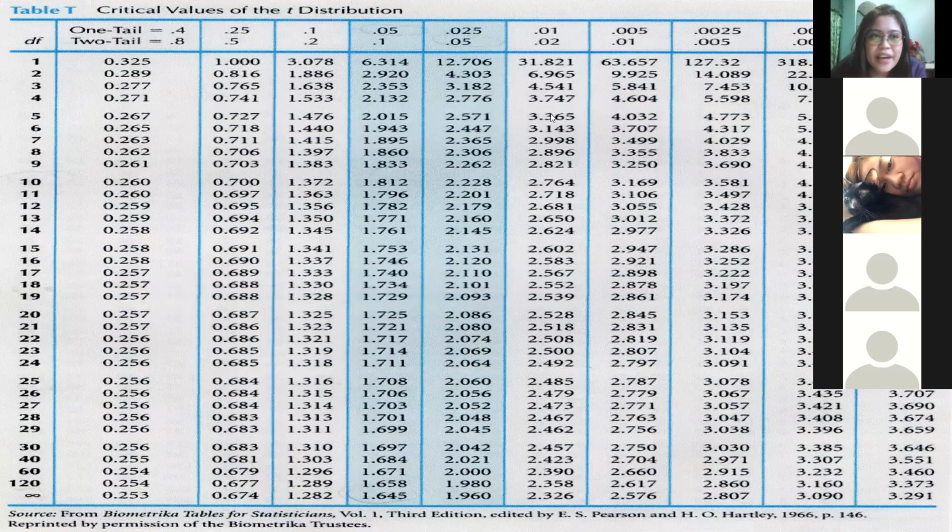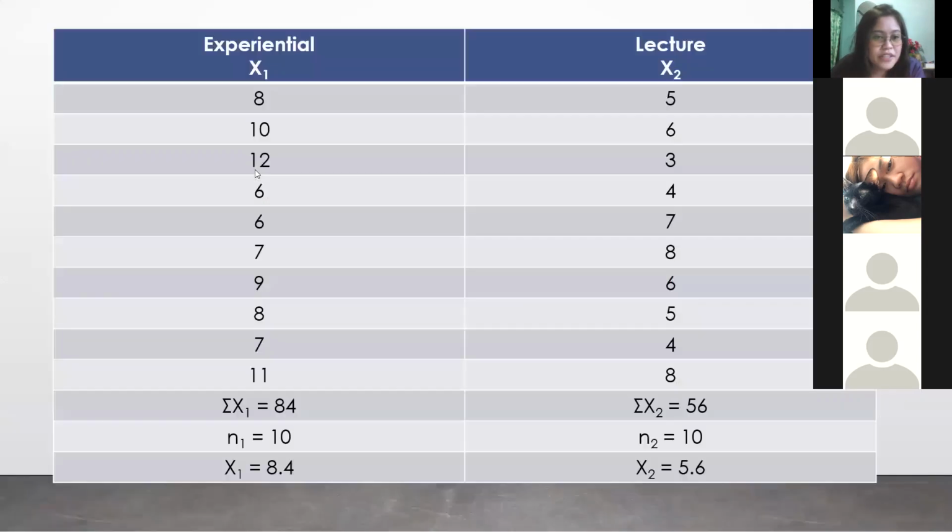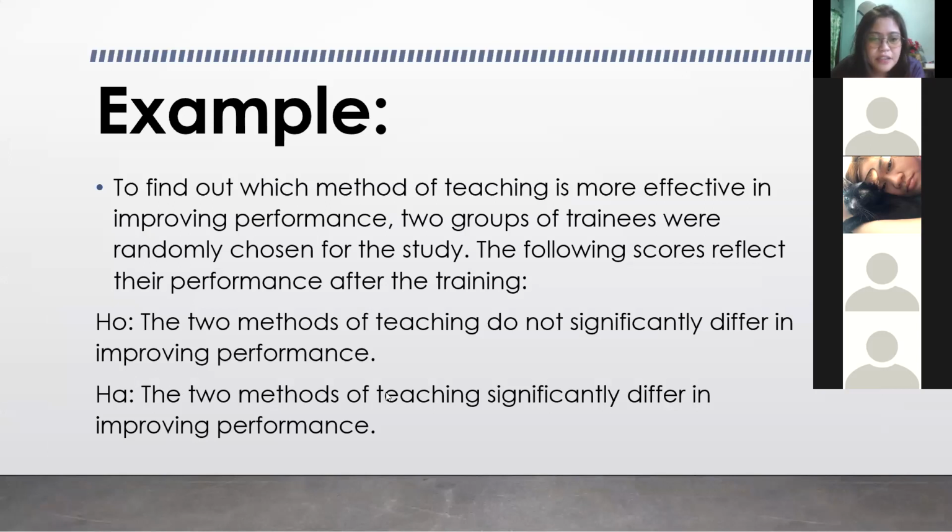Okay? So again, let's have this one: critical values for the t distribution. We have to know if the test is one-tailed or two-tailed. So let's go back to our hypothesis: the two methods of teaching significantly differ in improving performance. What does it say? There is a difference, or in the null hypothesis, no difference, but it's non-directional.